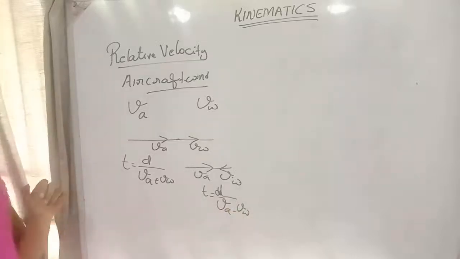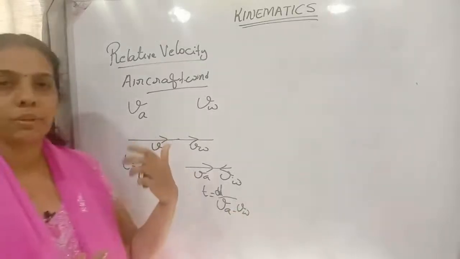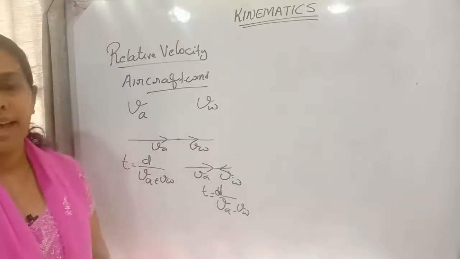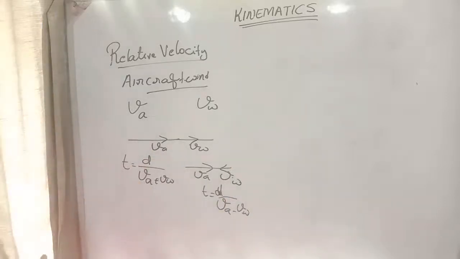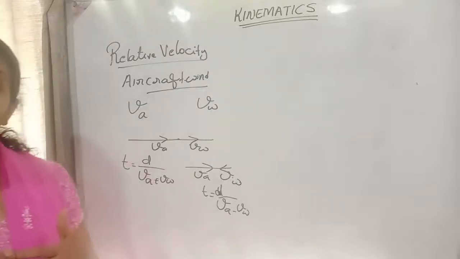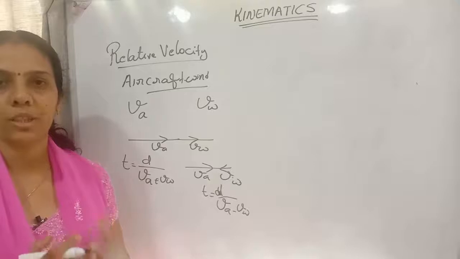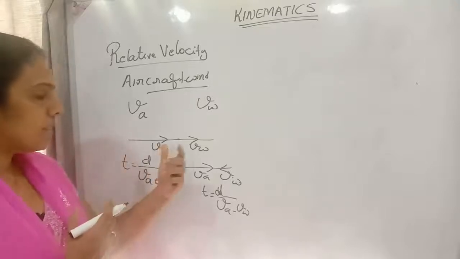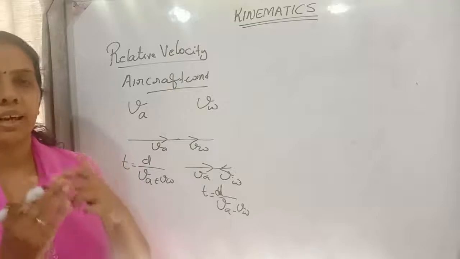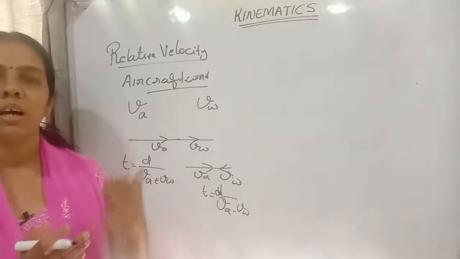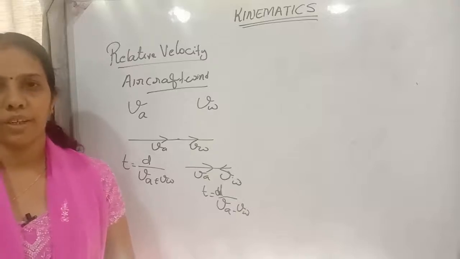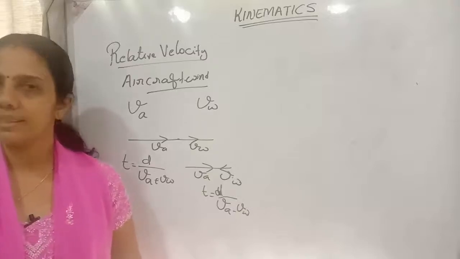If it is in the opposite direction, it will be opposing the movement of the aircraft. Now, if the aircraft is making an angle theta with respect to the wind, how will the velocity be affected? That we are going to discuss now.